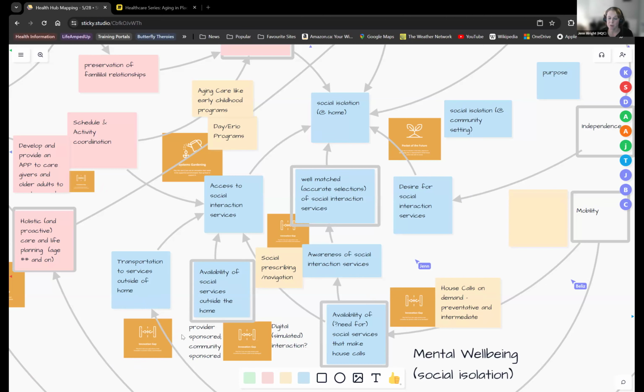And then the prescription is written by the medical provider. There's other people, like maybe pharmacists or nurse practitioners, who can write a social prescription. And then it's picked up by the community connector who meets with the older adult and then connects them with the service. And it could be self-referral as well.